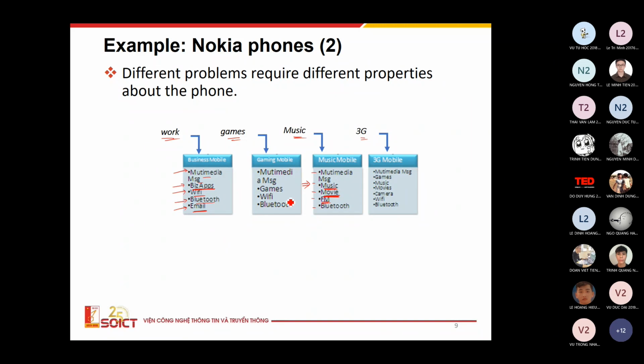So this is just a quick example to remind you that when you describe the same thing but in a different problem, you can use different properties. You use the most appropriate property.